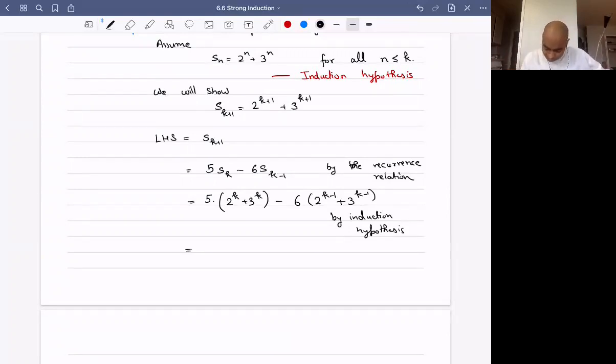And I guess I'll just expand everything out. Now, I have 6 times 2 to the k minus 1. 6 is a multiple of 2, so I can absorb one of the 2s in there. And similarly for the next thing, so I'll do it systematically.